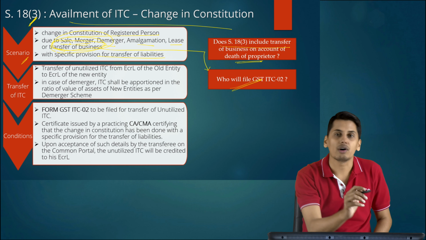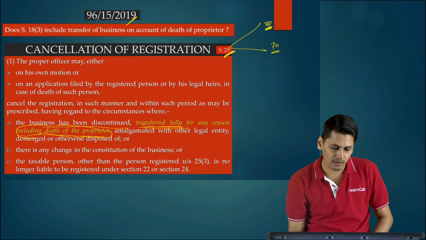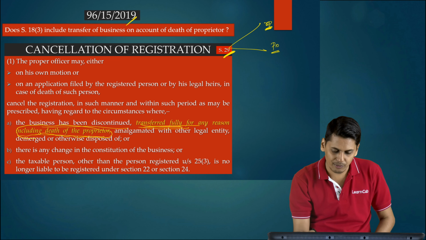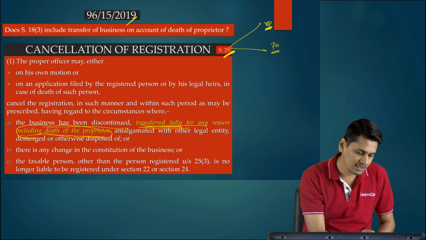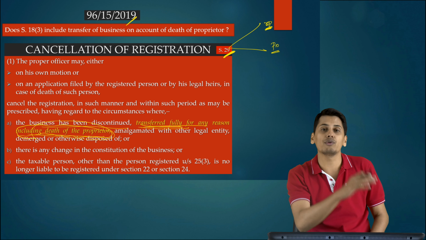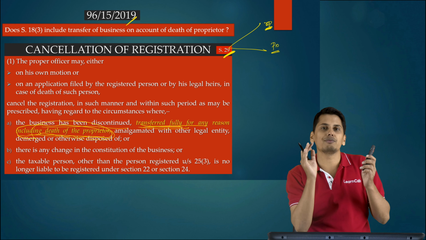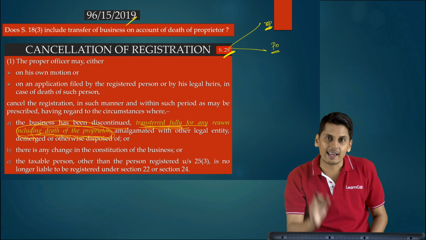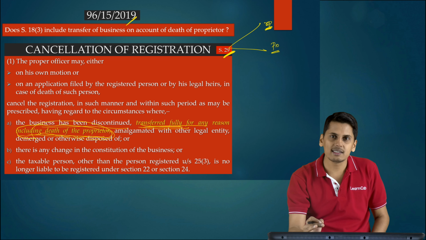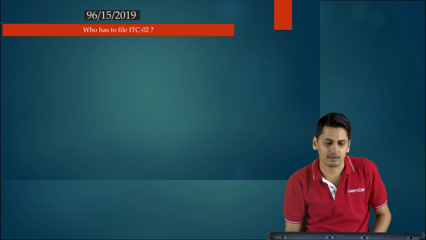So section 29, the wording used is transferred fully for any reason including death of the proprietor. Therefore, in the CGST law, transfer of business includes transfer because of death of the sole proprietor.